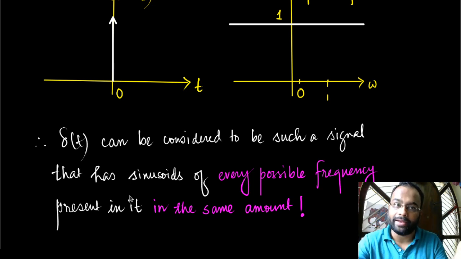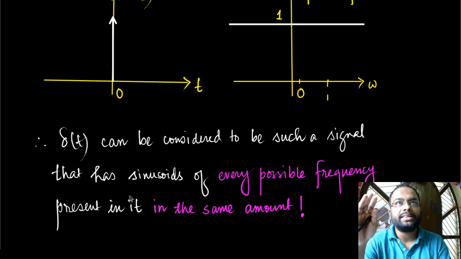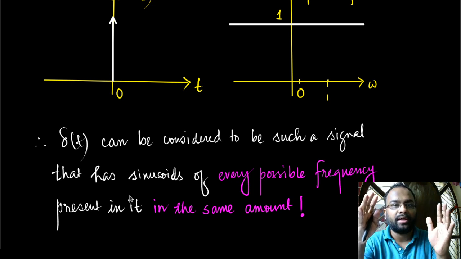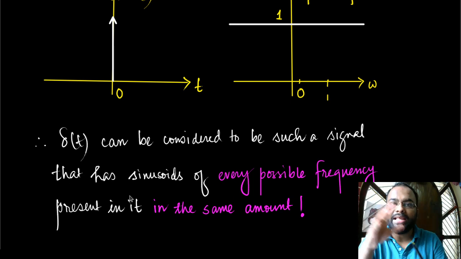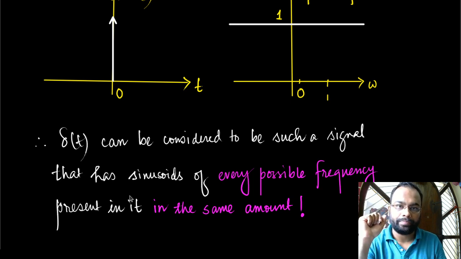Again, let that sink in. In the last class, while we discussed convolution, I told you very specifically that the entire behavior, everything about a linear time invariant system, is encapsulated within the impulse response of the system.